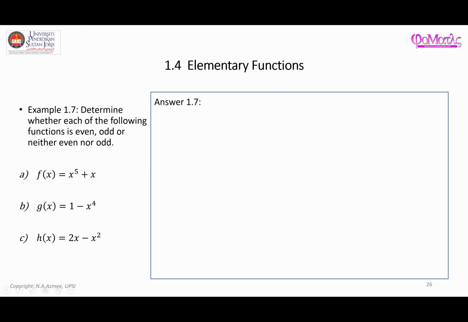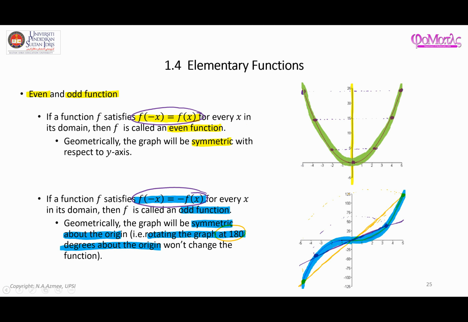We're going to start with question A. We have f(x) equals x to the power of 5 plus x, and in order to know whether it's even or odd, you have to see what happens when you introduce negative x into the function. Is it equal to f(x)? If it is, then it is an even function. If you get negative f(x), then this is an odd function.